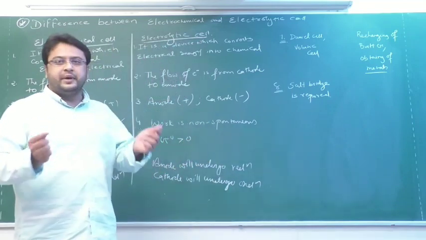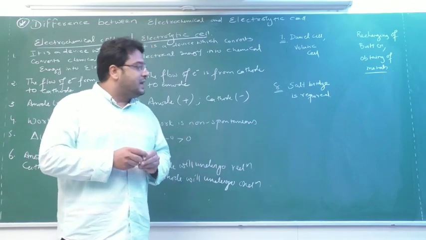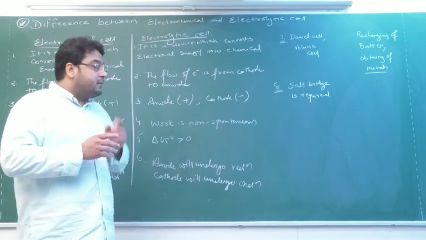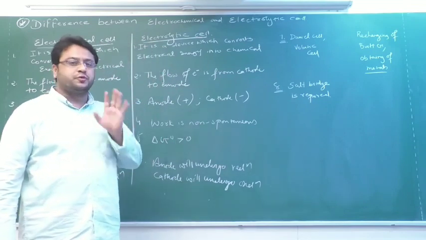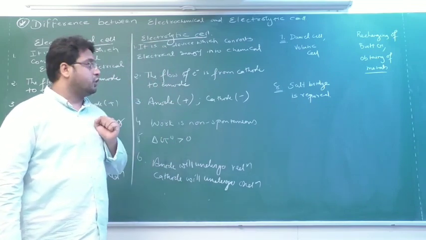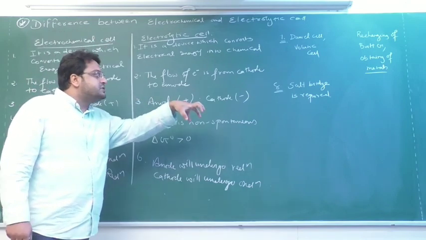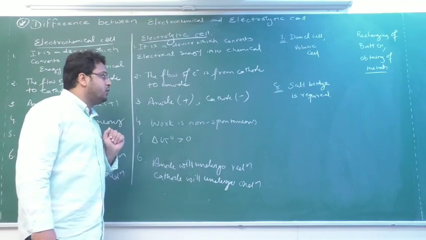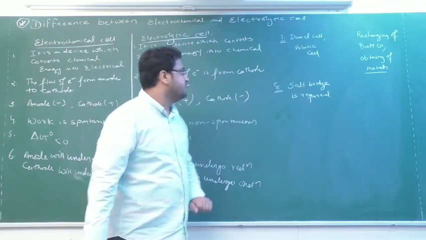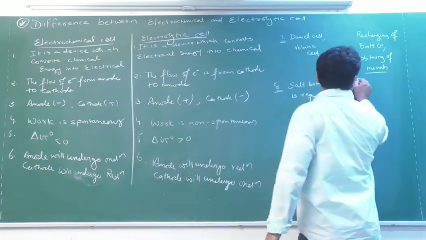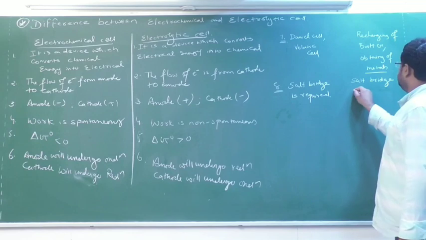Then we have connected both the anode and cathode by a conducting wire. Initially, current was flowing, but after some time, due to the imbalance of charges, current stops flowing. So we inserted one salt bridge. As soon as I inserted the salt bridge, current starts to flow. Means in an electrochemical cell, a salt bridge is compulsorily required. But here, a salt bridge is not required.